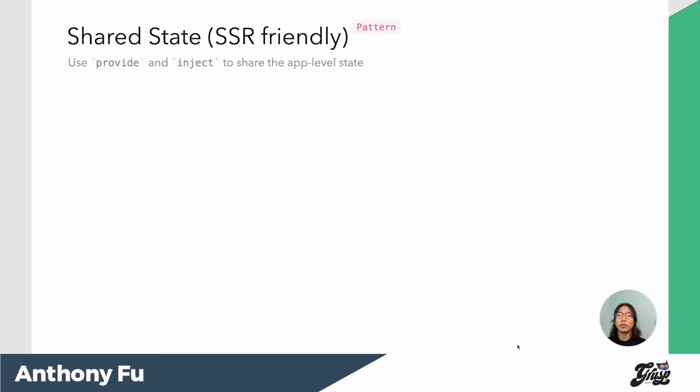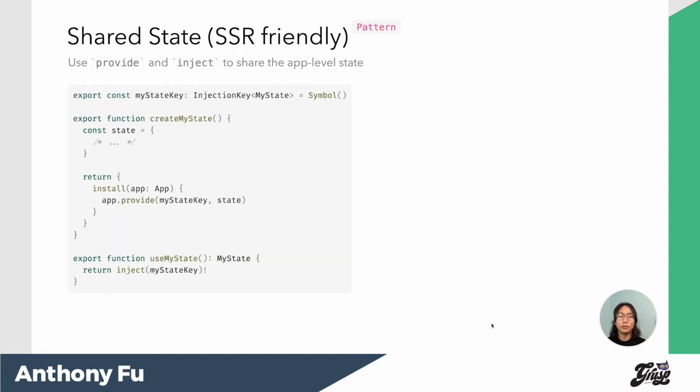Let's see if we can make a solution for it to work with server-side rendering, by using provide and inject to share the states on the app context, which means it will be created every time the server does the rendering. You can see here I have two functions, createMyState and useMyState. createMyState will return a Vue plugin that provides the state to the apps, while useMyState is just a wrap of inject that's using the same key.